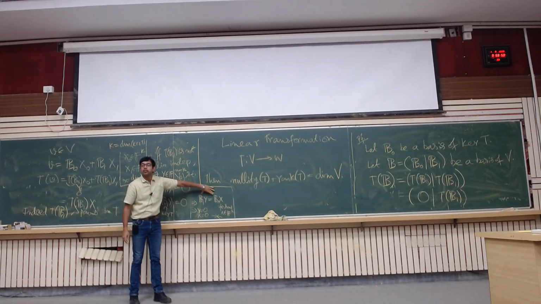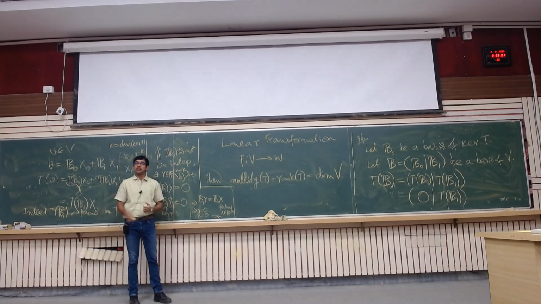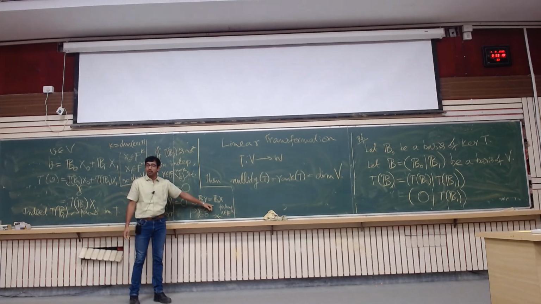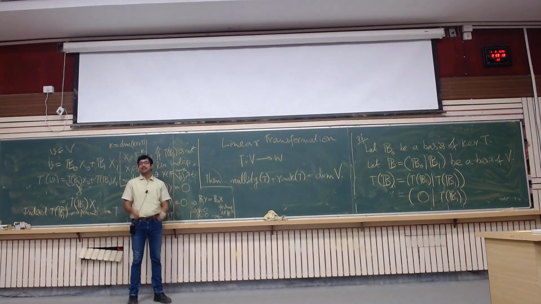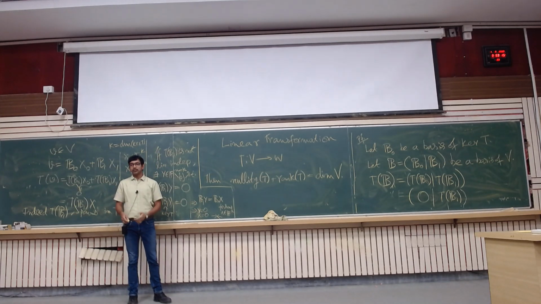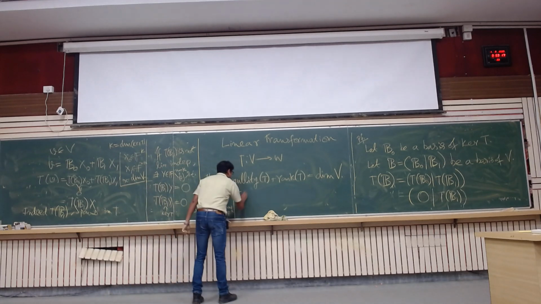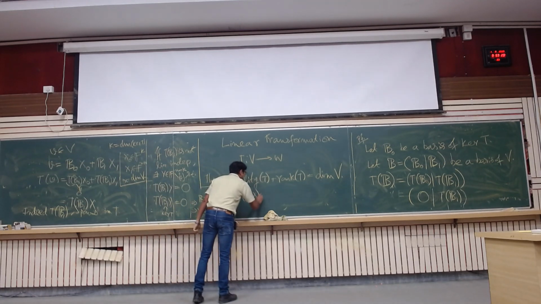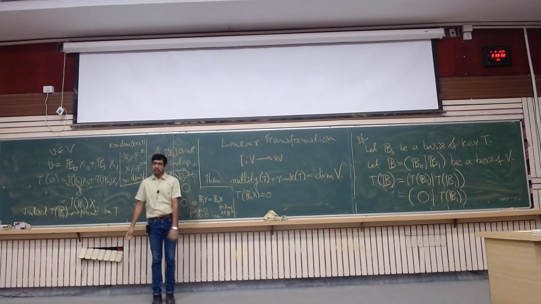But together B0 and B1 were forming a basis of V, so they are linearly independent. No linear combination of their elements can be equal, because that would give you a 0 linear combination of the elements of the basis of V. B0 x is not already 0 for all x. B0 is a basis of the kernel. All you know is that T B0 x is equal to 0, but B0 x is not equal to 0.